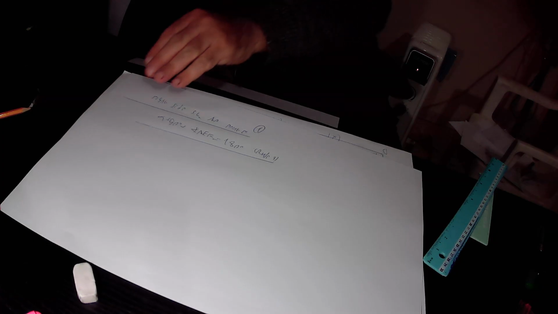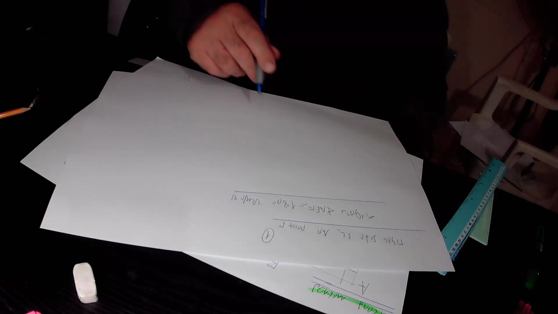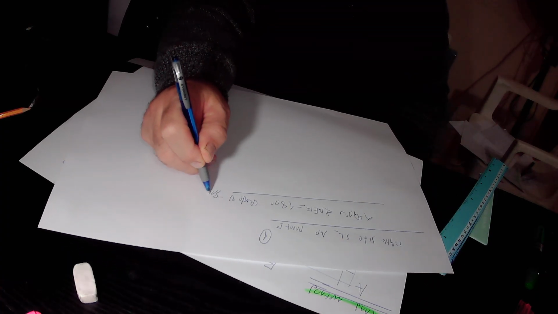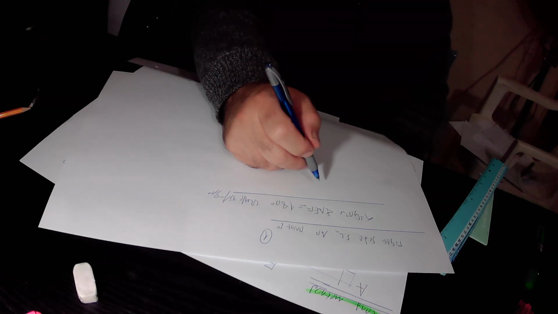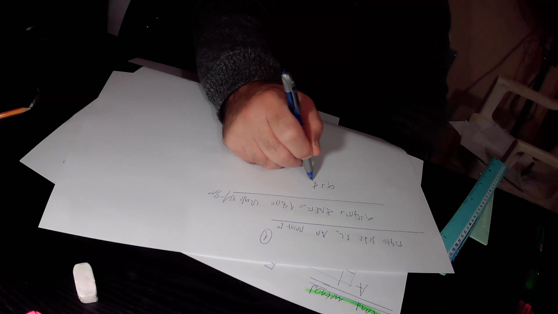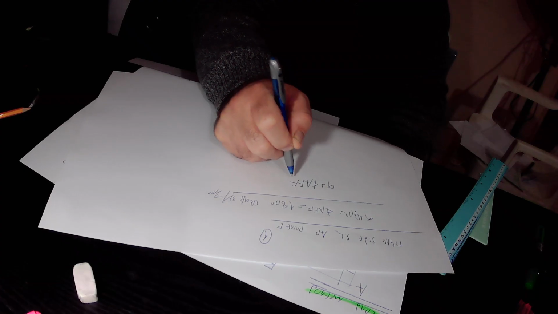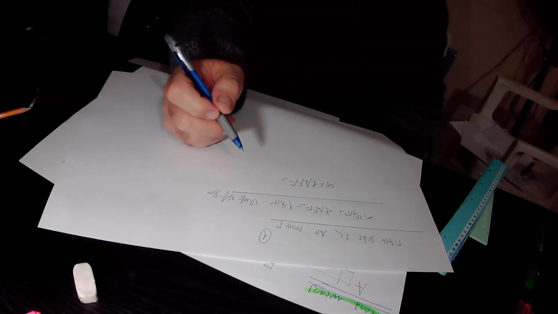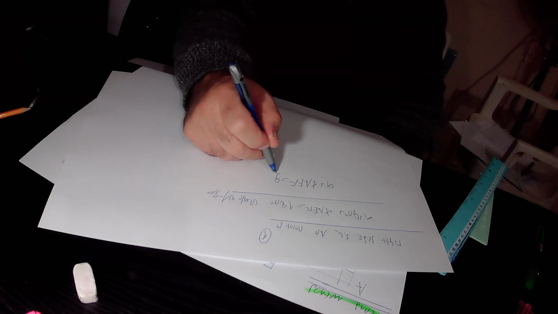So here we subtract 90 degrees from this equation, and you get that alpha plus the missing angle AEF is equal to 180 degrees minus 90 degrees, which is 90 degrees.